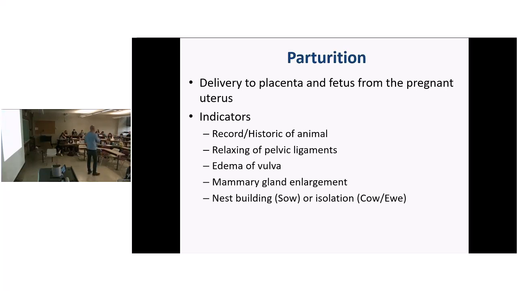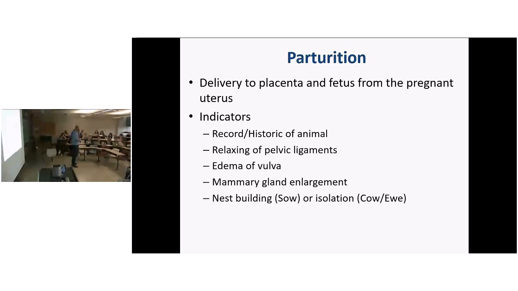But if you have animals in extensive production systems, sometimes you do not know exactly the date. Different systems will have different ways of doing that, because you want to know more or less when that dam or mother will have the parturition.